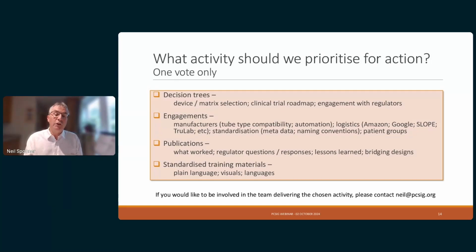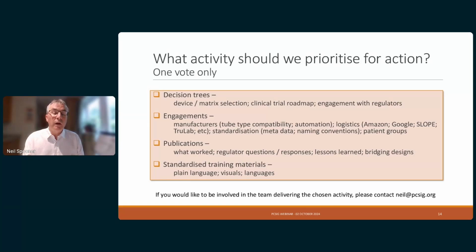Maybe we need to engage with different logistics providers, as we talked about earlier, people such as Amazon and Google, companies such as Slope and TrueLab, who manage to do this, moving samples around every day. And another engagement is maybe we should work with standardization of metadata, naming conventions, and be engaging with patient groups. So that's the second vote you can make.